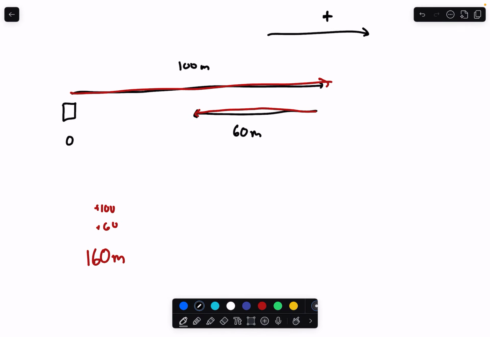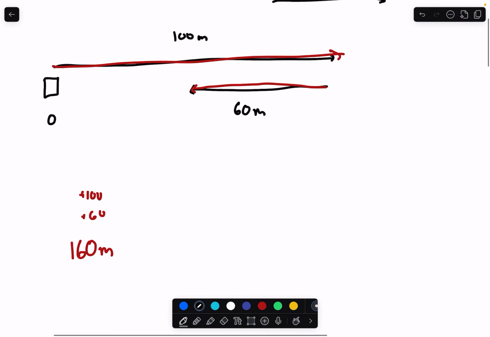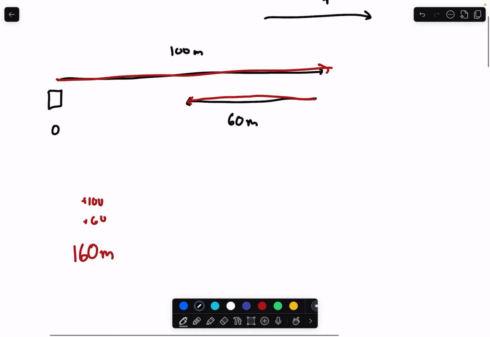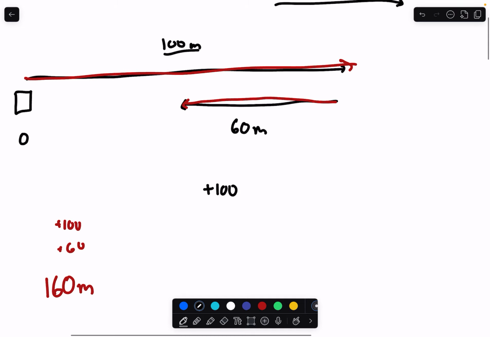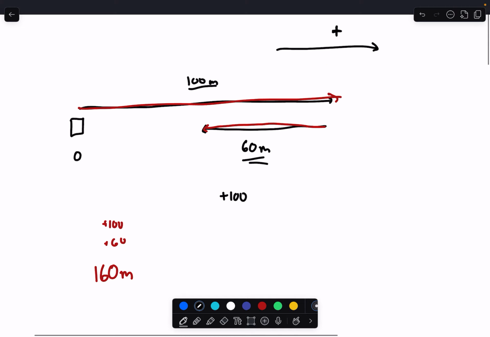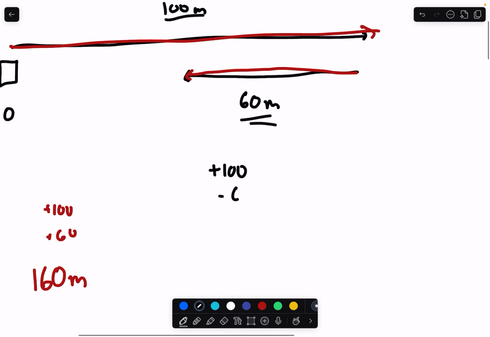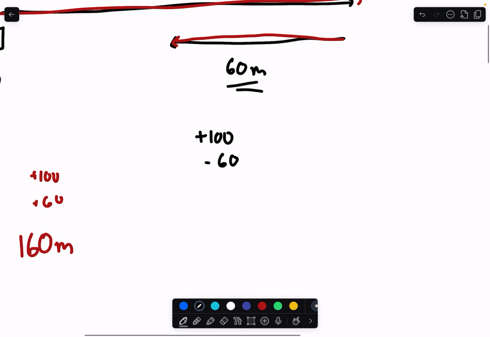We went first 100 meters in the positive direction, so we're going to add 100, but now instead of adding 60 again, we actually went 60 meters in the negative direction, because this way is negative. So we're going to subtract 60, which leaves us with 40 meters.